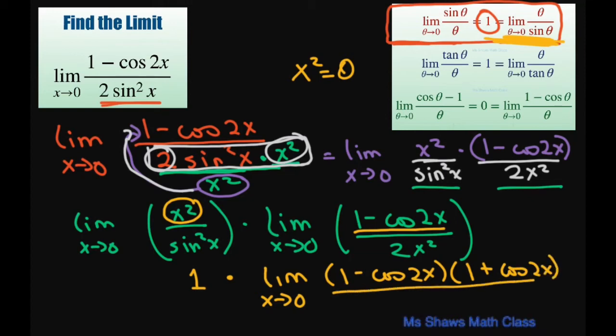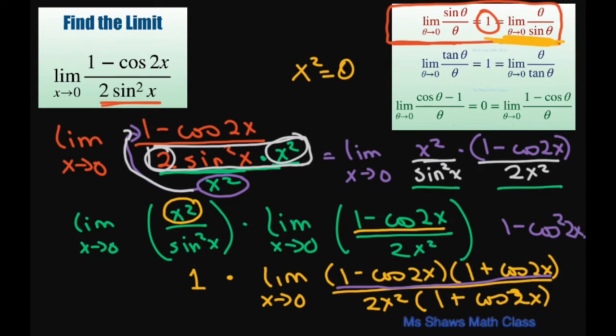So I also have to multiply the denominator by that. So we have 2x squared times 1 plus cosine of 2x. This piece here is just going to be 1 minus cosine squared of 2x.